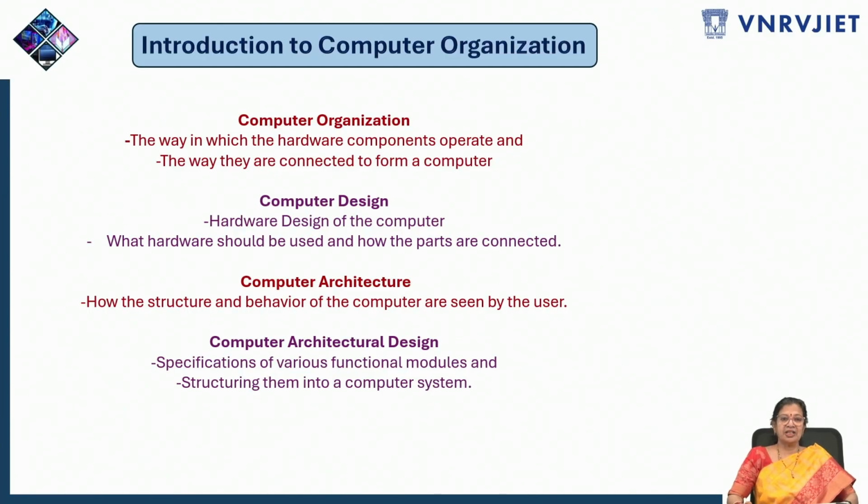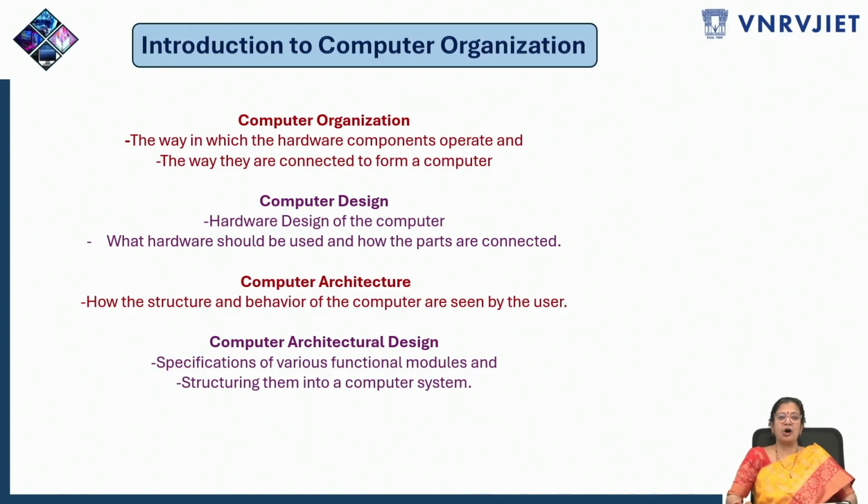Computer organization concerns the way in which the hardware components operate and the way they are connected to form a computer system. Computer design is the hardware design of the computer: what hardware should be used and how they should be connected is described by the computer design.